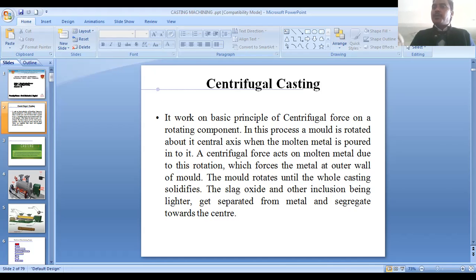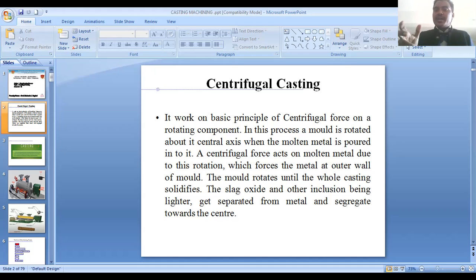A centrifugal force acts on the molten metal due to this rotation. Now, how is the centrifugal force acting? When we fill the molten metal, the mold rotates, and the centrifugal force acts on the rotating mold. The mold is rotated until the whole casting solidifies.